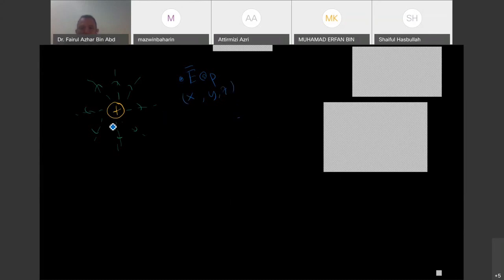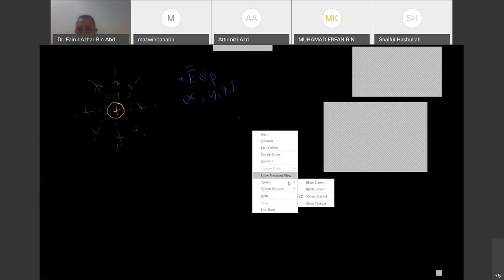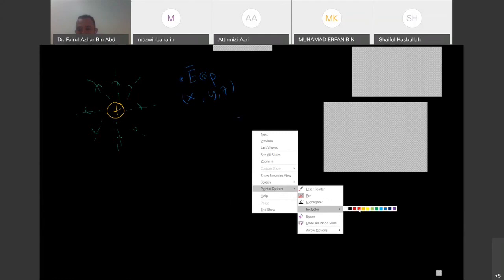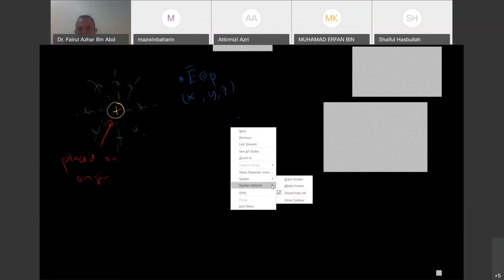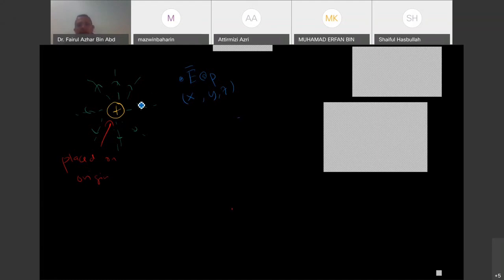We assume this charge is placed at the origin. So the first step is to find the vector that represents the distance and direction between our charge and the test point, equal to r, the vector r.